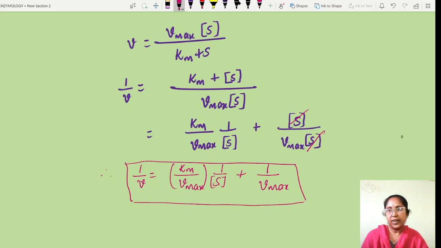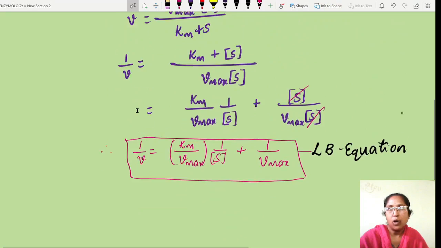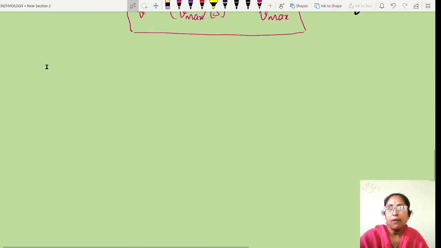is called the LB equation, or Lineweaver-Burk equation. This equation is in linear form.